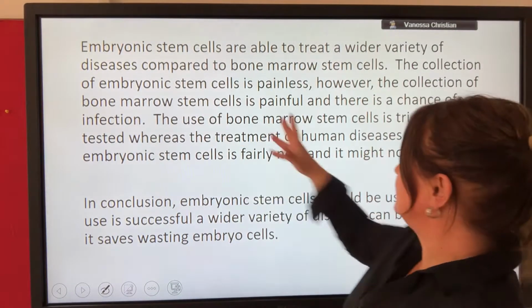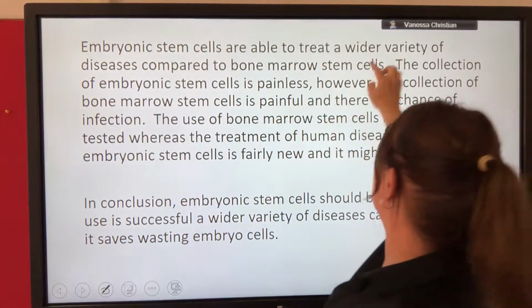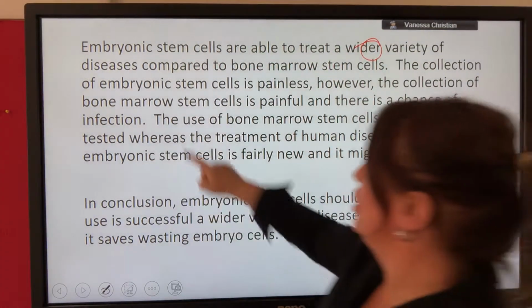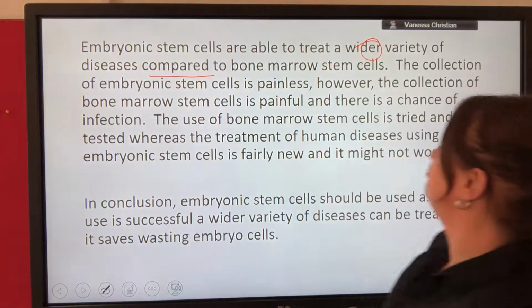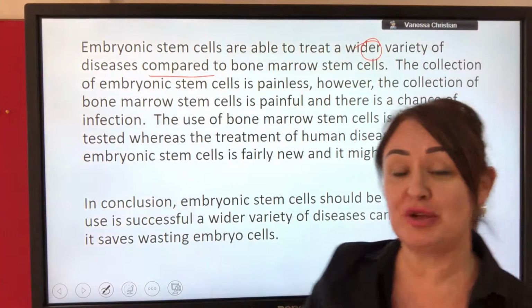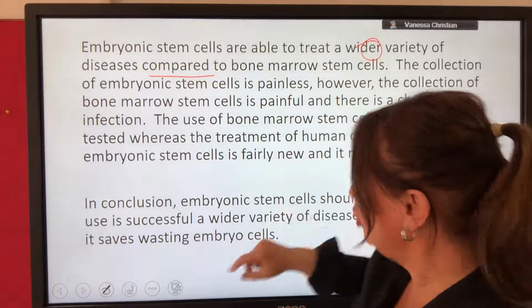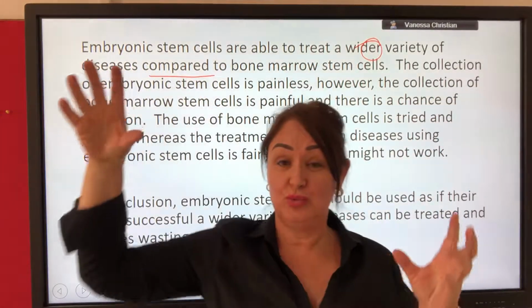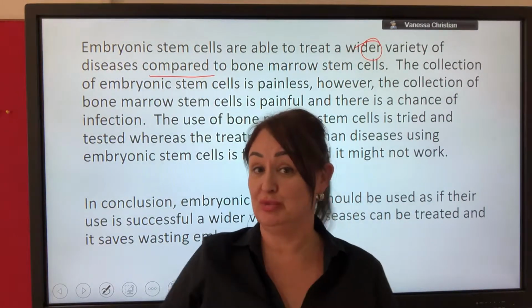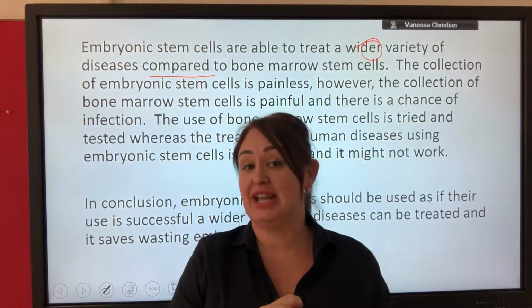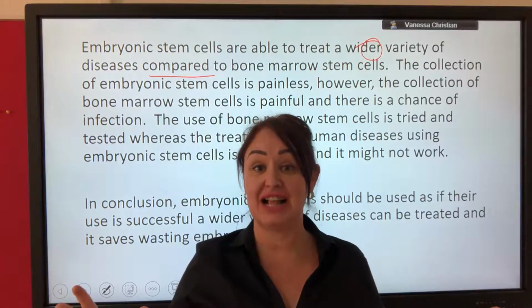Okay, so let's have a look at this written response. It says embryonic stem cells are able to treat a wider variety of diseases compared to bone marrow stem cells. So we've got the comparison in there almost twice. We've also related what the text said to something new. The text just said that it was able to turn into a greater variety of cells.